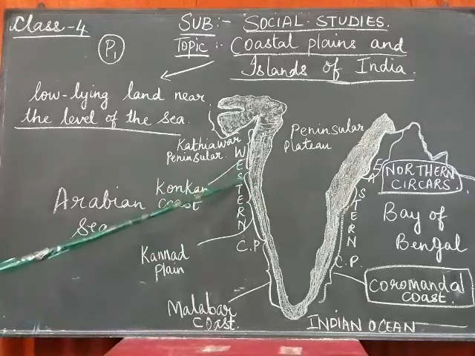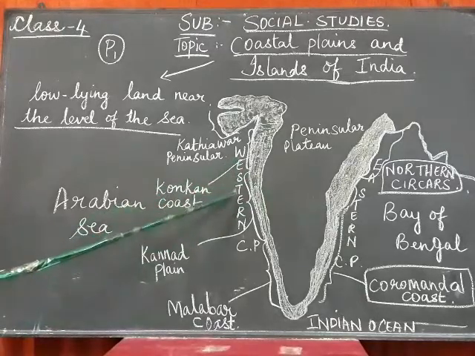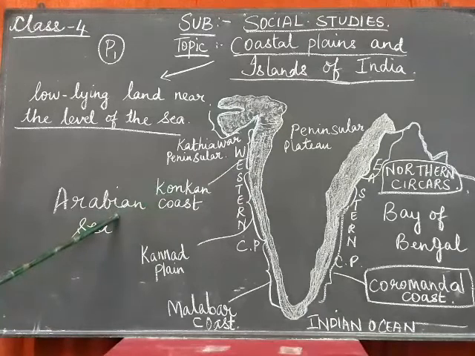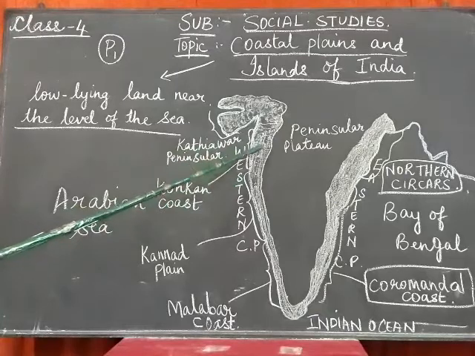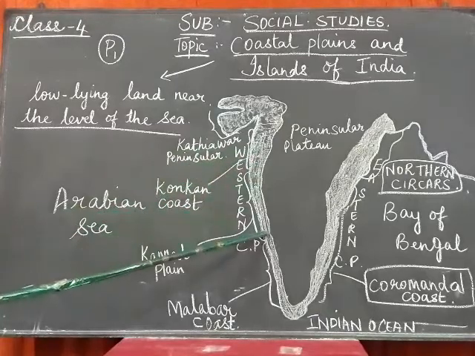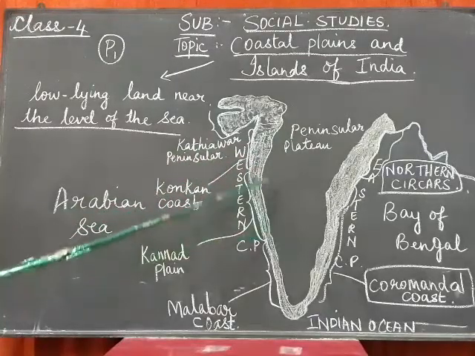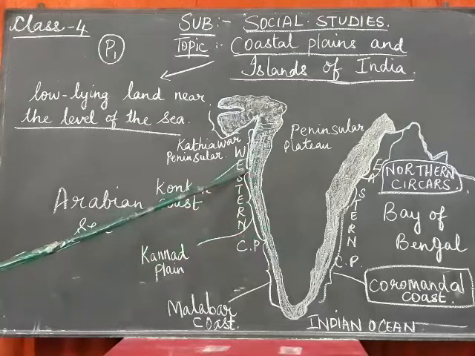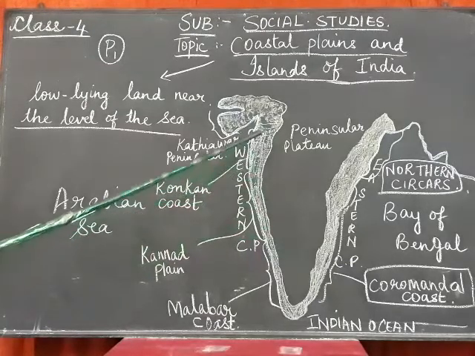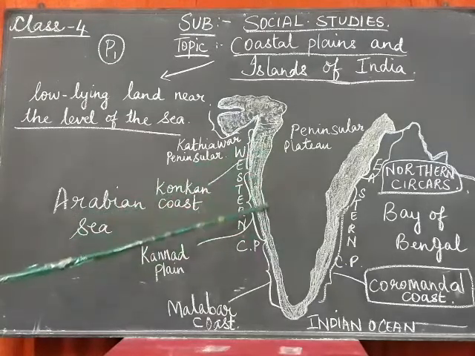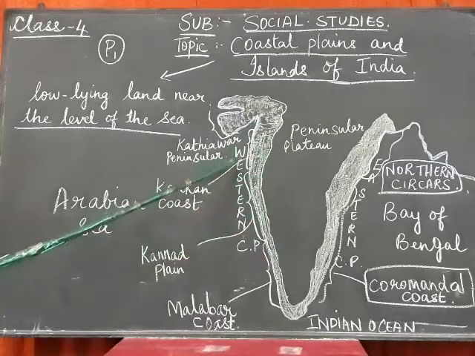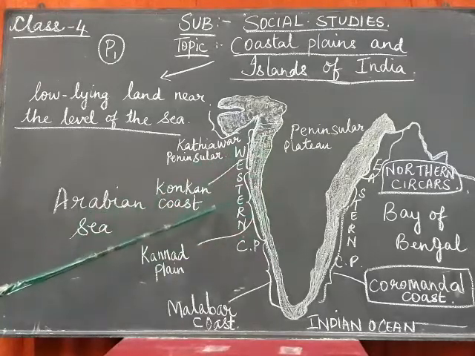The plains which are in the western area are near the Arabian Sea. They are close to the Arabian Sea and extend up to the Western Ghats. So these are the western coastal plains.